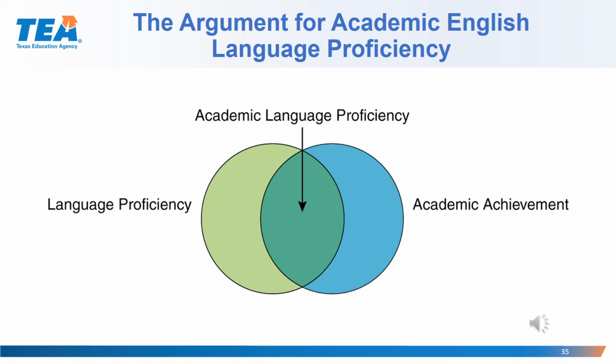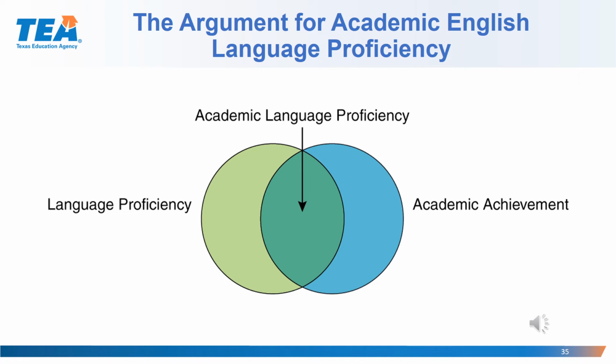The argument for academic English proficiency. There is a distinction between language proficiency as a whole, academic achievement as a whole, and the overlapping section, academic language proficiency. Academic language proficiency is not the same as academic achievement, but is an essential enabling component of academic achievement.